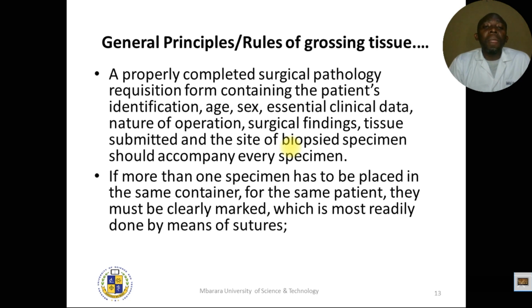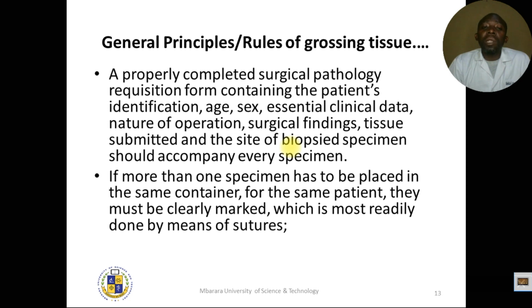Actually, should you receive a specimen in the lab and you're probably the one grossing and you realize such information is not there, that sample should not be processed, because whatever we are going to do at the end when we're examining our site, we must relate it with this information. We need to know the age of the patient, we need to know the sex of the patient. These are all going to guide us on what we are going to look for or in making our conclusions.